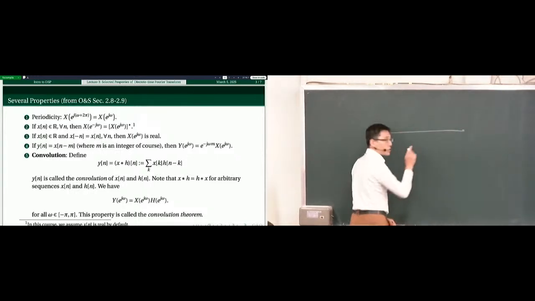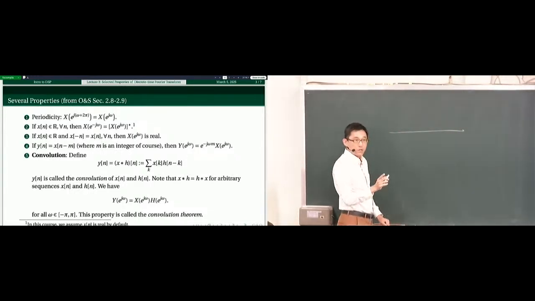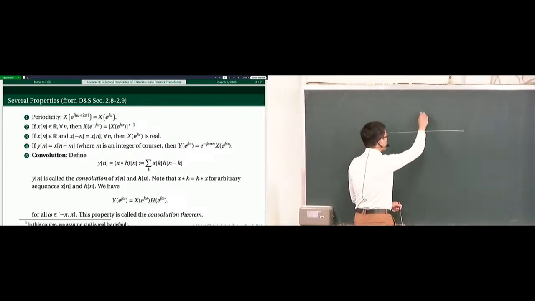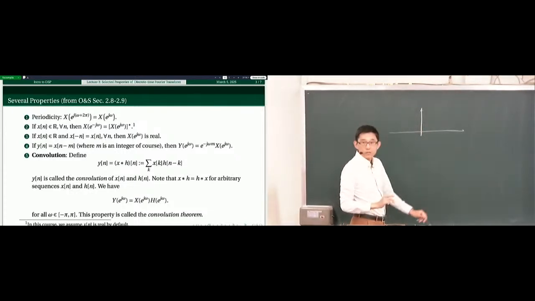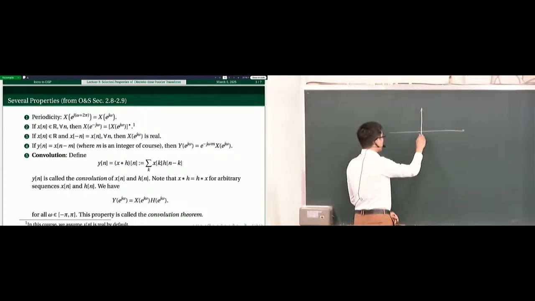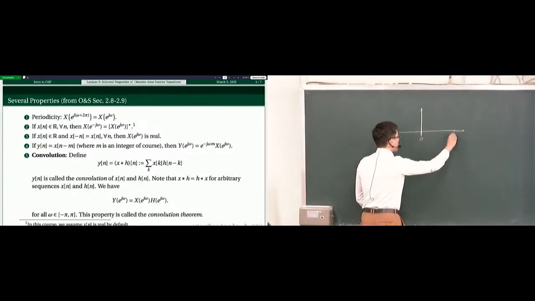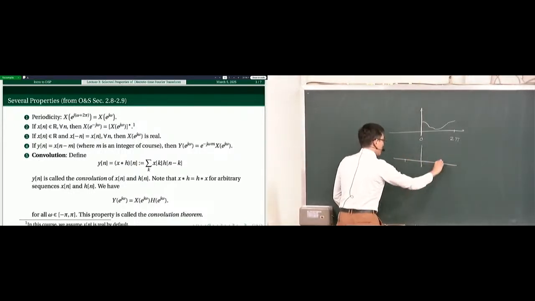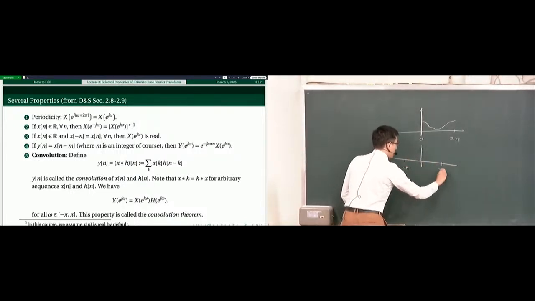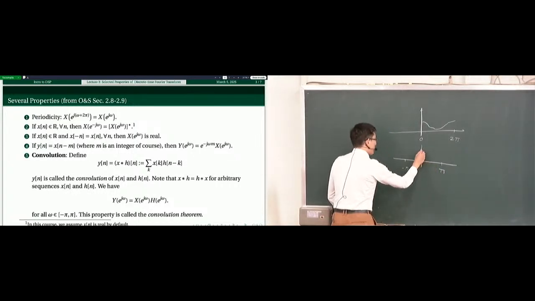If I ask you to make a sketch for your homework or for your tests, if I ever ask you to sketch a magnitude spectrum for any DTFT, you can just plot from 0 to 2 pi, or you can plot from minus pi to pi. And that'll be great.